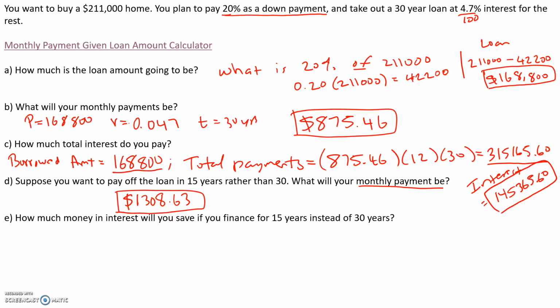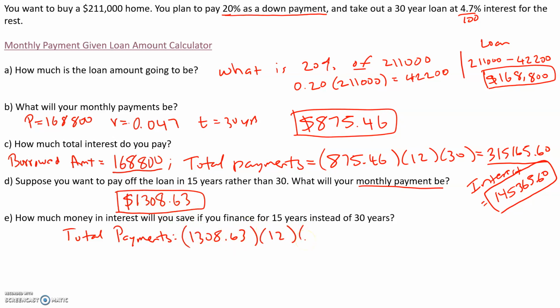Now, how much money are you saving if you finance for 15 instead of 30 years? Okay, so let's take a look at our total payments. So we're paying 1308.63 per month times 12 months.